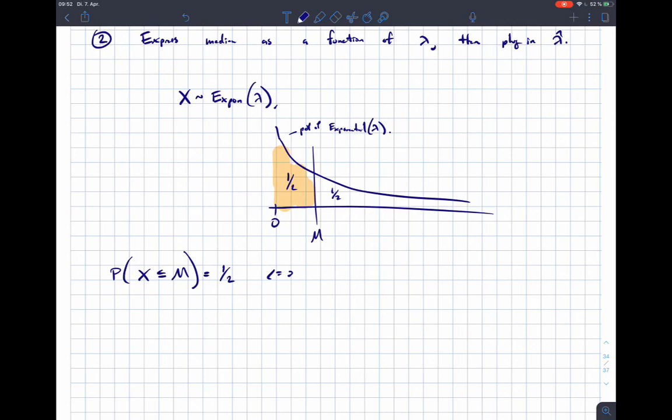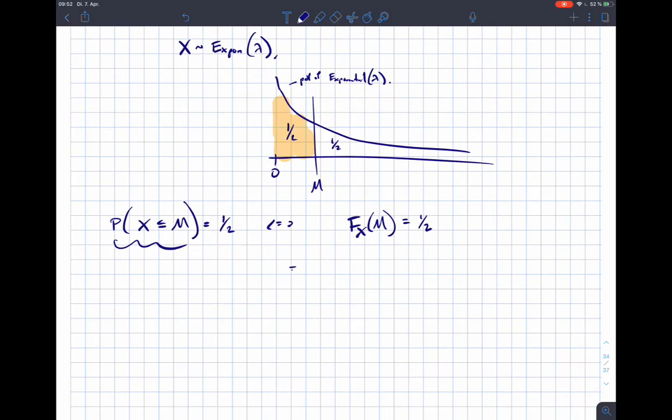Okay, so if we want to find an expression for the median, the CDF of x at m should be equal to 1/2, because this thing is just the CDF, and the CDF is 1 minus e to the minus m over lambda. So we know by now the CDF of the exponential distribution. If we don't know it, we know how to find it. Remember, this is the integral from 0 up to m of 1 over lambda e to the minus t over lambda dt.